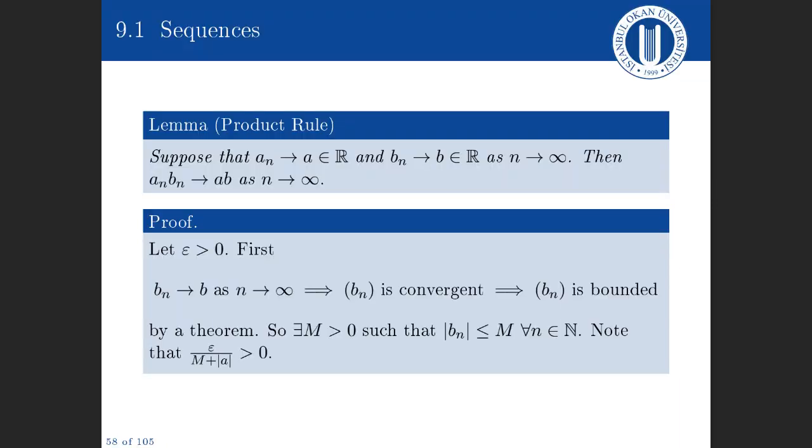The product rule: suppose that a_n converges to A and b_n converges to B, then a_n b_n converges to AB. Let's prove this, and this is a longer proof. First of all, b_n converges to B, so b_n is convergent, so b_n is bounded, by a theorem which we did earlier today, just before the break.